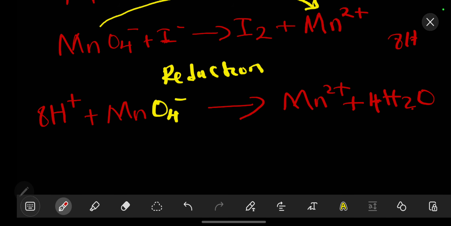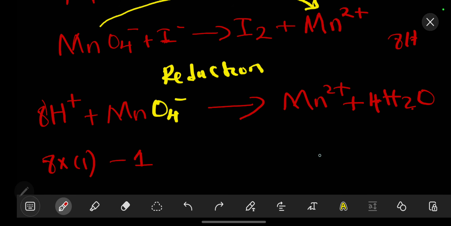Now we have balanced everything except the charge. So how do we calculate the charge? As we can see, we have this number of hydrogens. So we are going to have 8 times the charge of the hydrogen, which is +1, like that. Then here we have a charge of negative. If it's just negative, it means to say it's -1 there. So we are going to subtract 1, like that. Then on this side we have 8 minus 1, and here water, as long as it's a neutral compound, it does not have any charge.